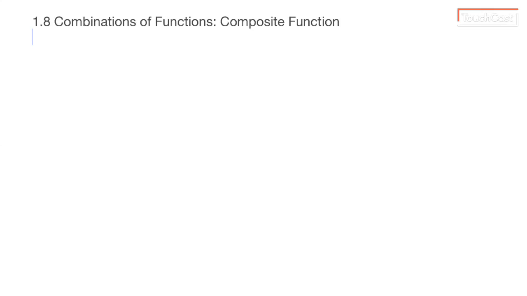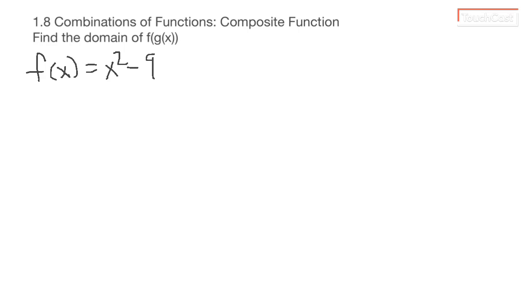So what we are going to do is find the domain of f of g of x when we know f of x is going to be x squared minus 9, and g of x is going to be the square root of 9 minus x squared.